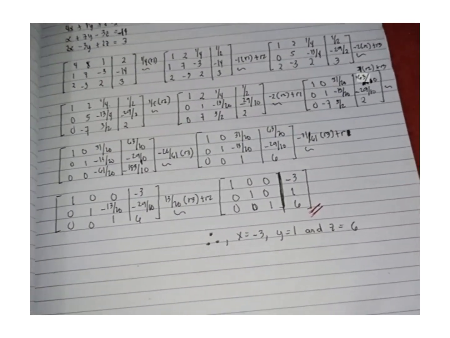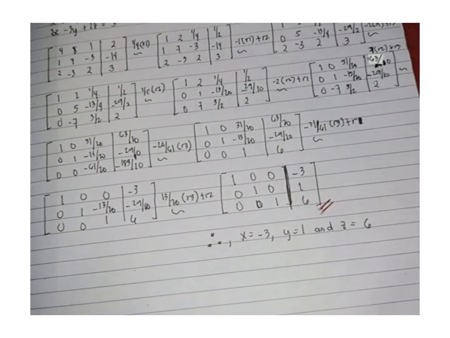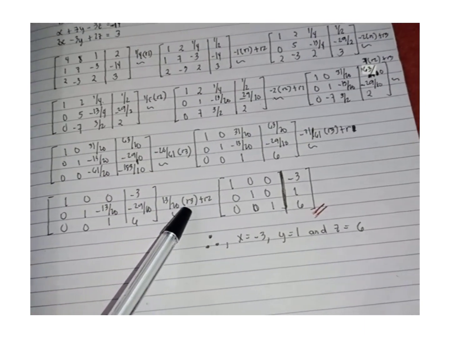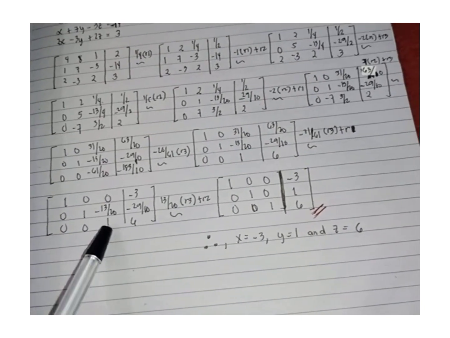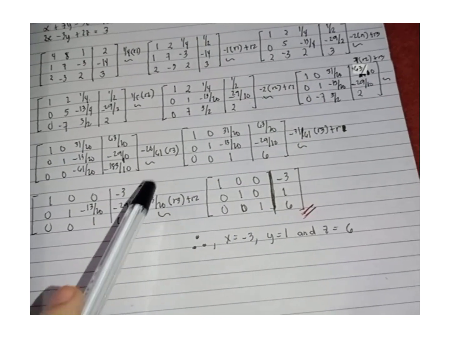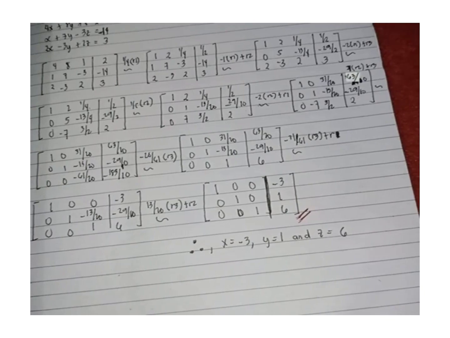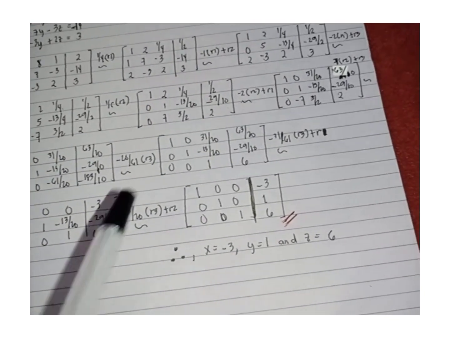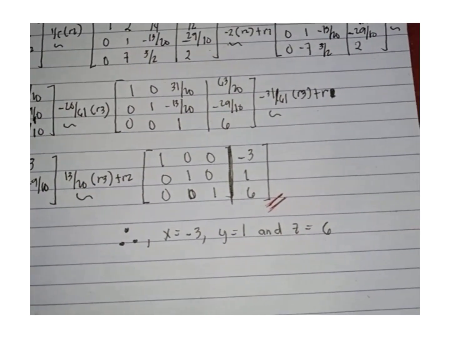To further show the solution, it will be like this. 13 over 20 times 1 plus negative 13 over 20 will be 0. 13 over 20 times 6 plus negative 29 over 10 will be 1. So this is now the answer.